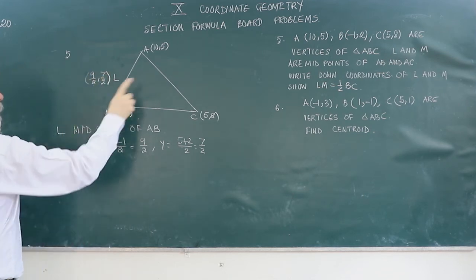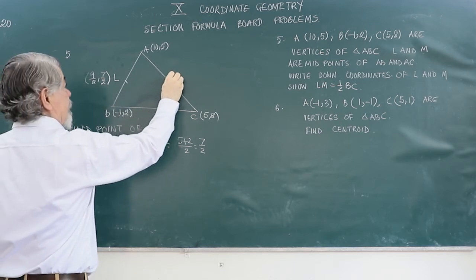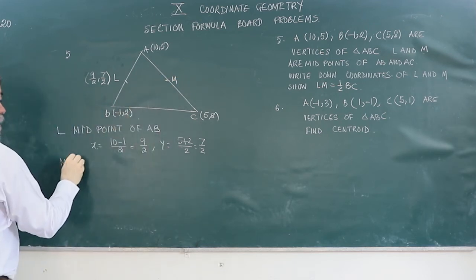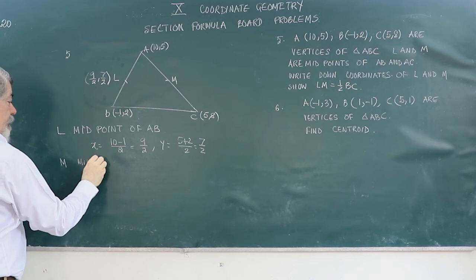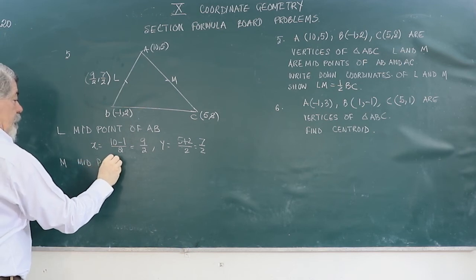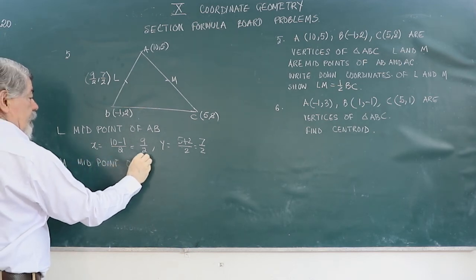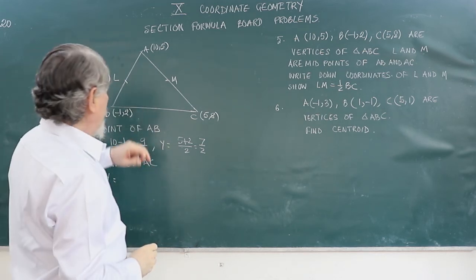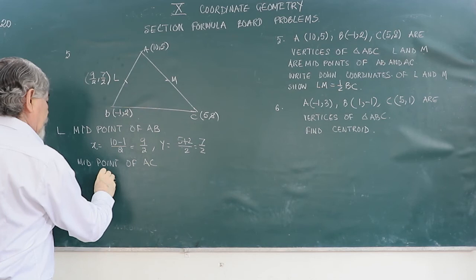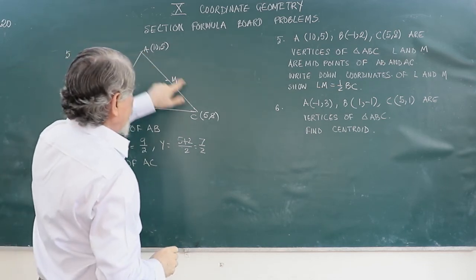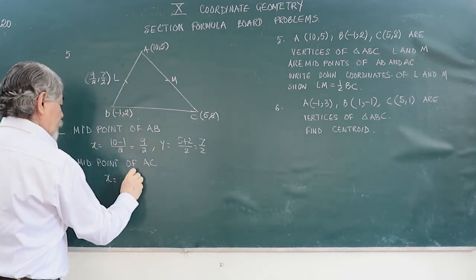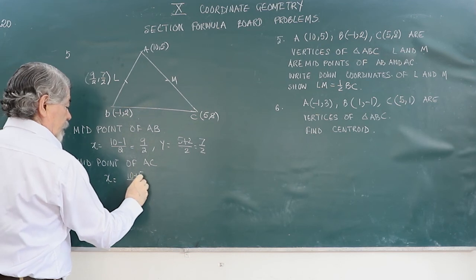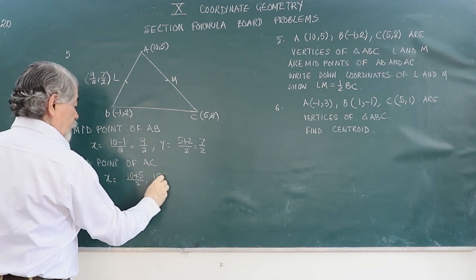And M is the midpoint of AC. Again, the x coordinate we will calculate by adding 10 plus 5, 15 upon 2.